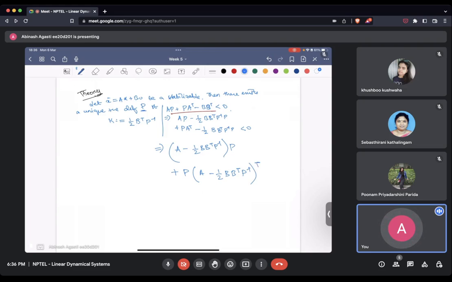If you take this transpose and multiply on the left hand side with P, then you will get this thing. Now I defined this K as here. So now I have (A minus BK) into P plus P into (A minus BK) transpose is strictly less than 0. We know that if there exists a unique positive definite P such that this is true, then A minus BK is a stability matrix.